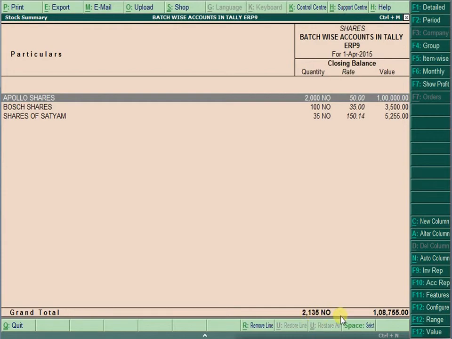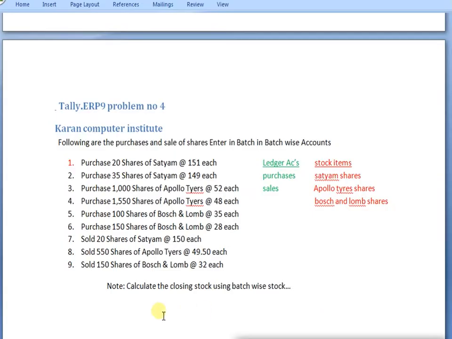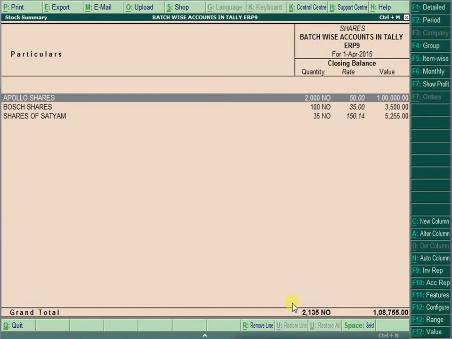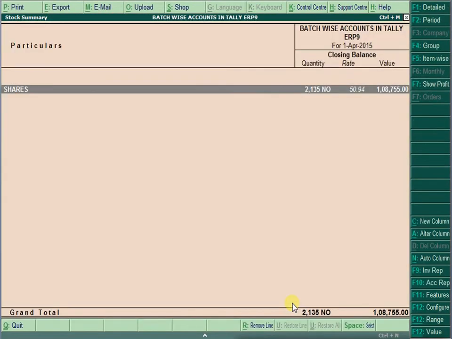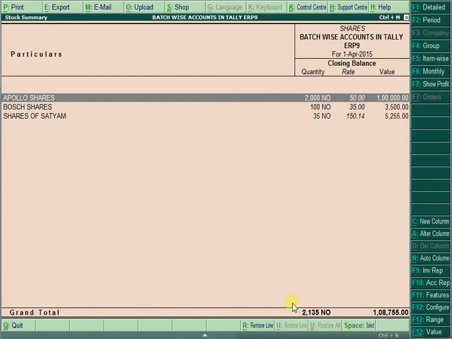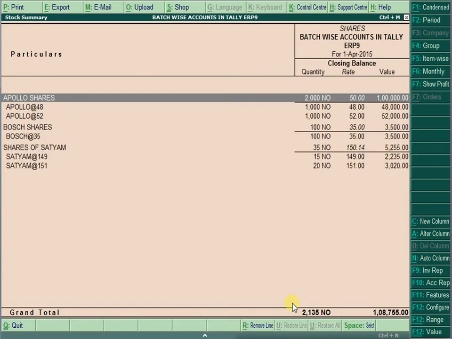And look here, to calculate the closing stock using the batch wise stock, go to stock summary, press enter and then press Alt plus F1. If you want to see batch wise reports, just press Alt F1. Okay, here this is. Thank you.